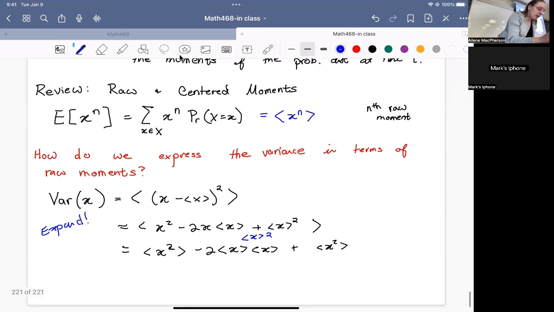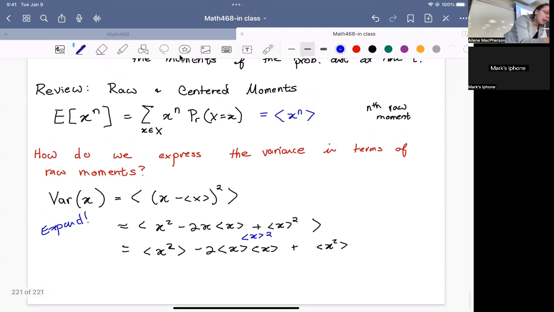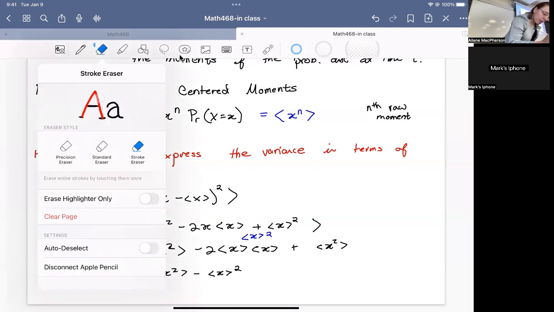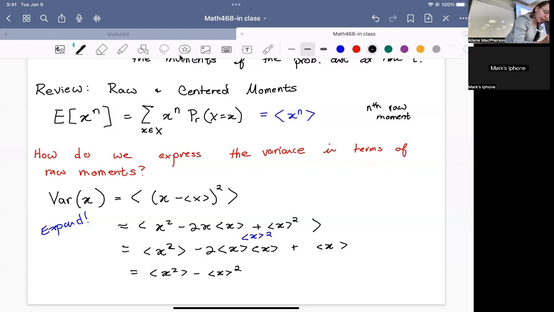All right, so notice that this simplifies to being x squared minus x squared. So yes, the previous line should be the expected value of x squared. Right. Oh, thank you, thank you. That's important. Thank you. Okay.